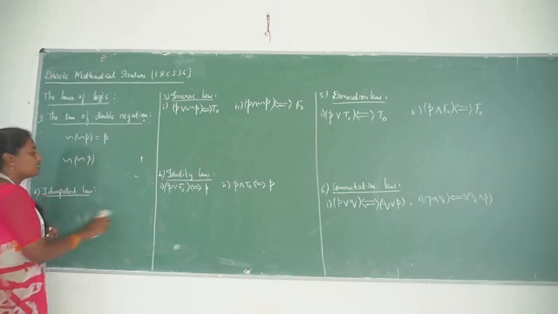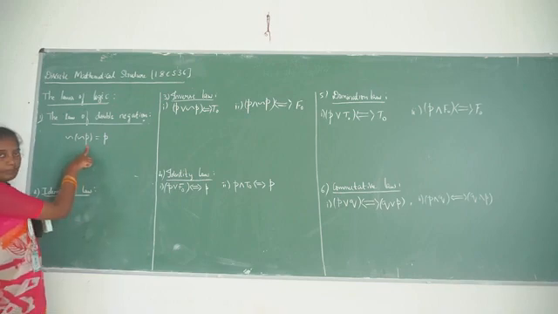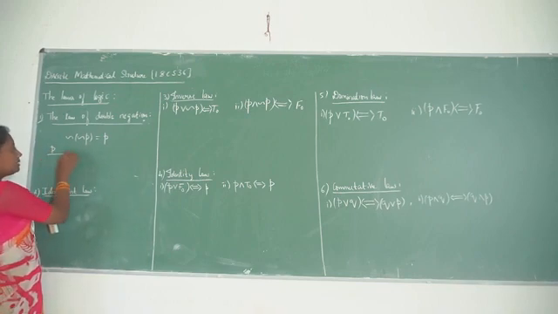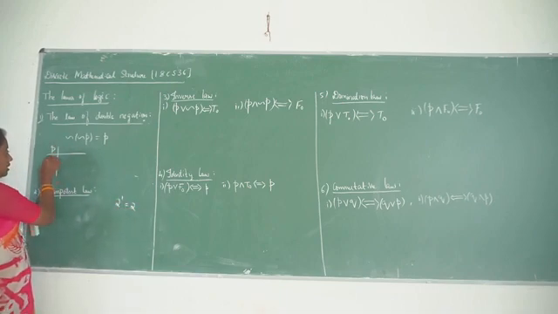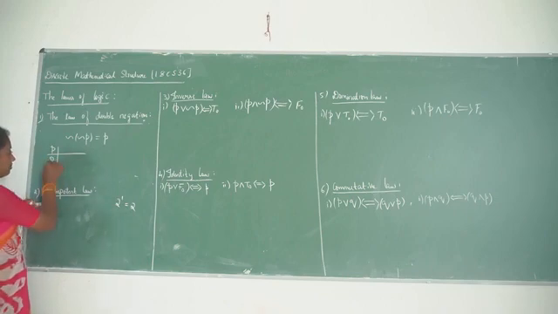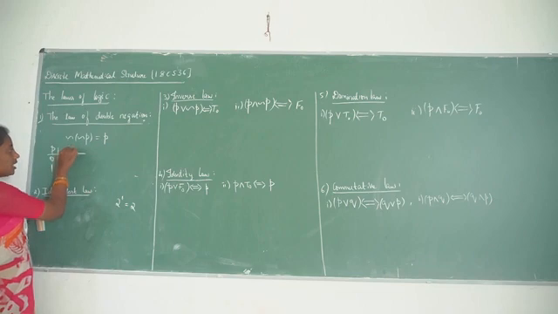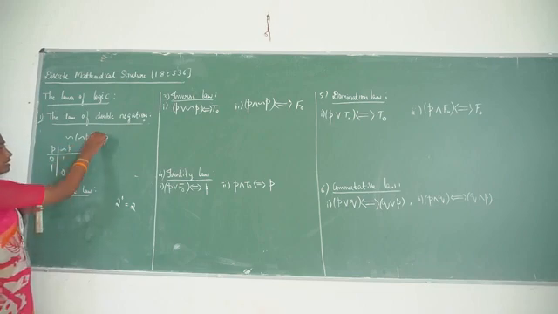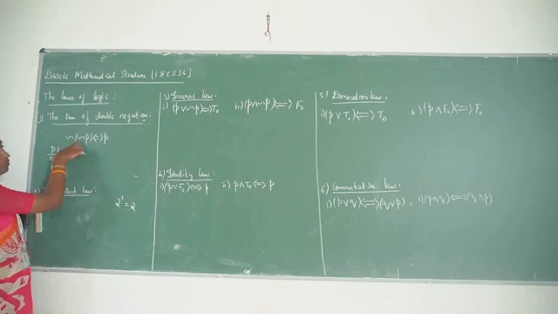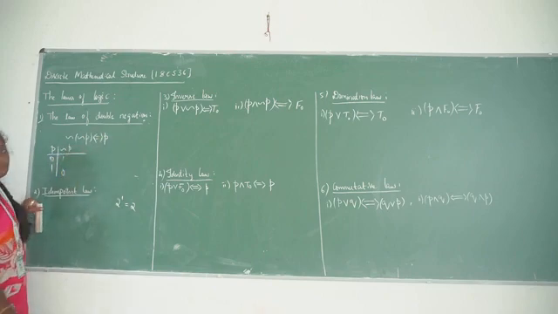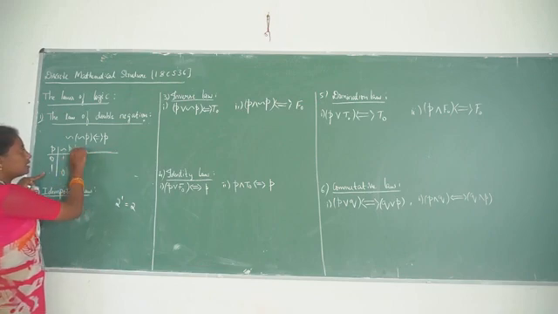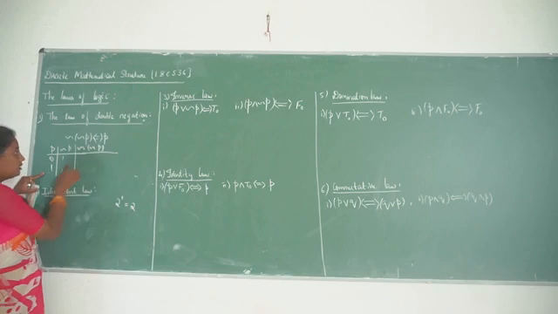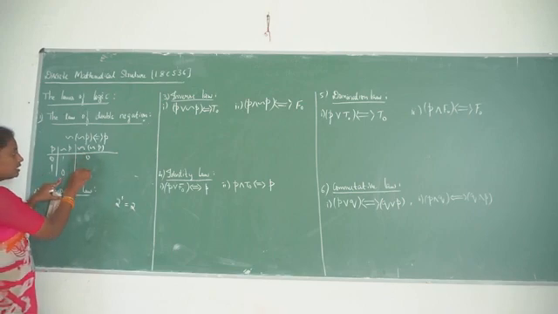Using the truth table, let us prove it. Since we have a single proposition, the truth table must contain 2 power 1 rows. It means 2 rows, P with the possible values 0, 1. If P is 0, 1, then not P is 1 and 0. This is the value of the given proposition P. Negation of that, that means negation of the second column, results in 0 and 1.